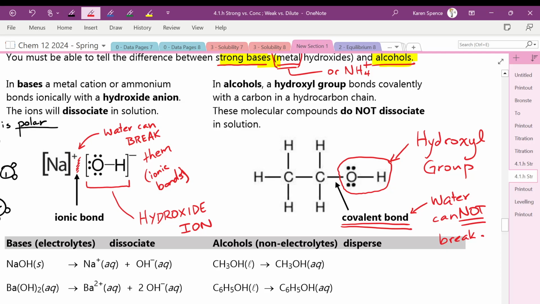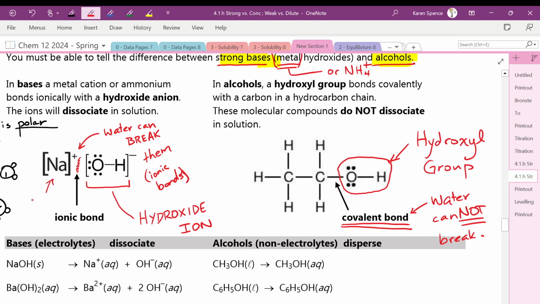Now, how are you going to tell the difference between a base and an alcohol? What does a base have in front of the OH? Either a metal or NH4. Okay?